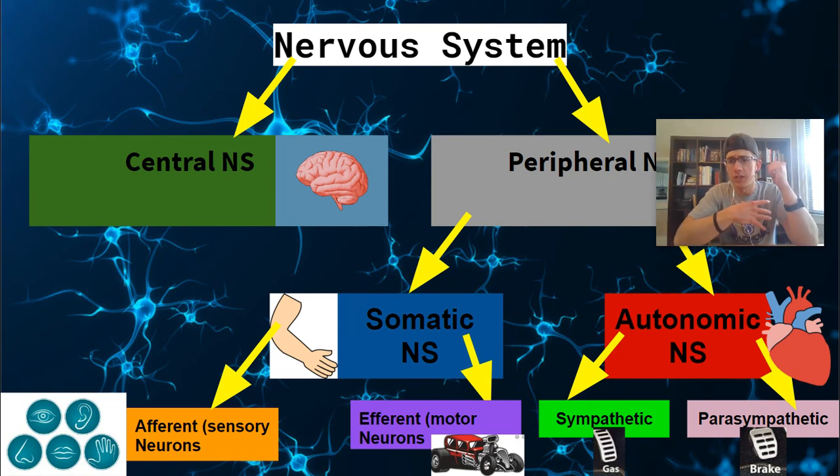So your heart rate's going to increase, your breathing is going to increase, your blood pressure goes up, your pupils are going to get bigger and let in more light, and you're going to direct energy to your muscles, the extremity muscles like your arms and your legs, and away from the digestive muscles.